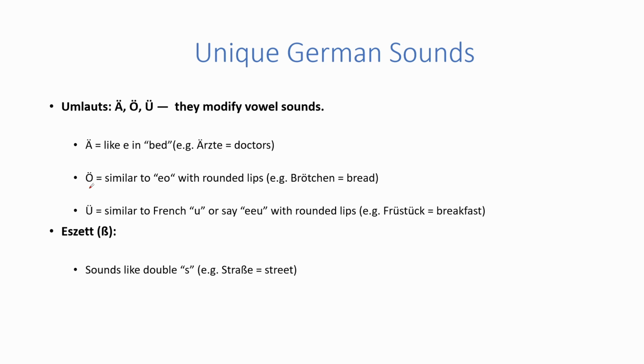O umlaut is similar to yo, with rounded lips. For example, Brötchen. That means bread. U umlaut is similar to French U, with rounded lips. For example, Frühstück. That means breakfast.